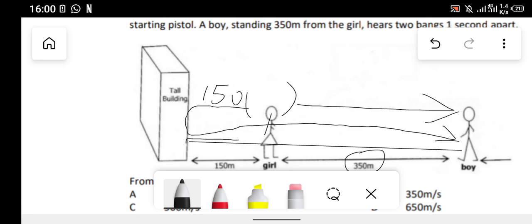To find the speed using the information given, you can first find the time difference between these two.